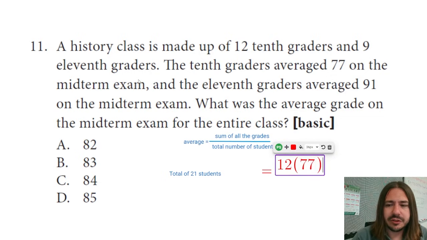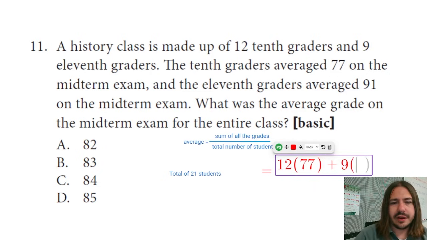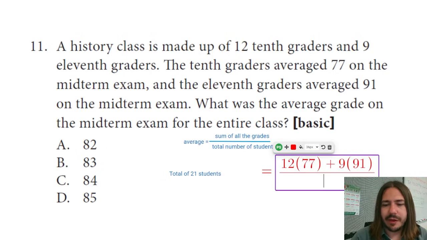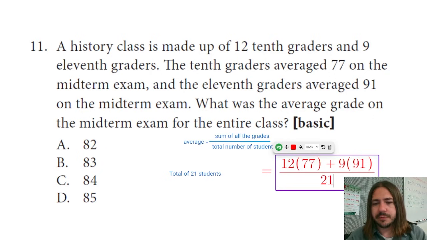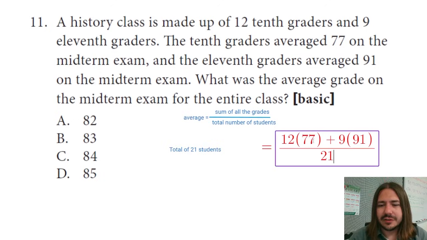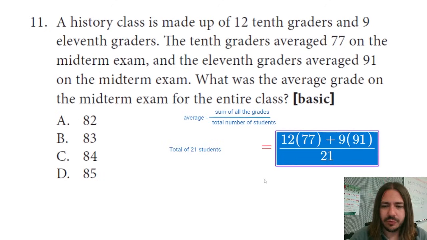You'd have the same average if they were all the same. And the 11th graders, there were 9 of them, so we're going to add 9 of these 91. Okay, it looks like the 11th graders are doing better than the 10th graders. And we will divide that by the total number of students, which is 21. You do get a calculator on this, so you really shouldn't get this wrong if you set it up correctly.